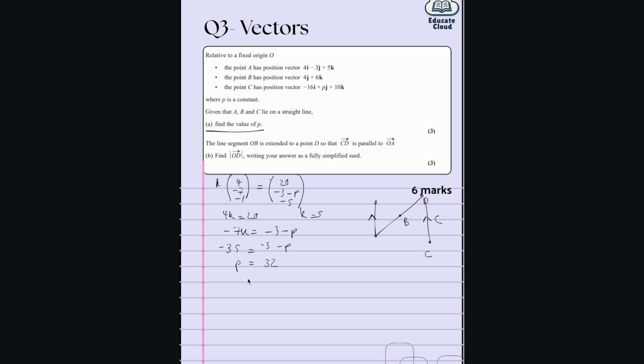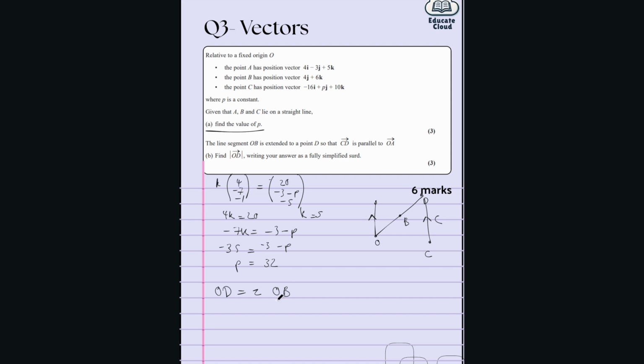So we know that if, firstly, it's a straight line, then OD is some lots of OB. Okay? So we can say OD is, let's say, z lots of OB.